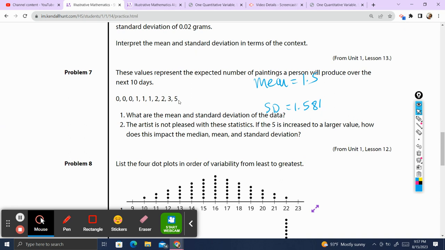Now the median in this case is going to stay the same because we have the same number of values. The standard deviation is going to get bigger because the deviation from the mean is going to be a larger deviation when this value is considerably larger than the rest of them. So the mean and the standard deviation are both going to go up while the median stays exactly the same.